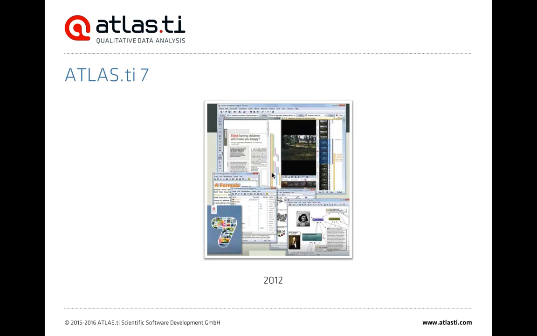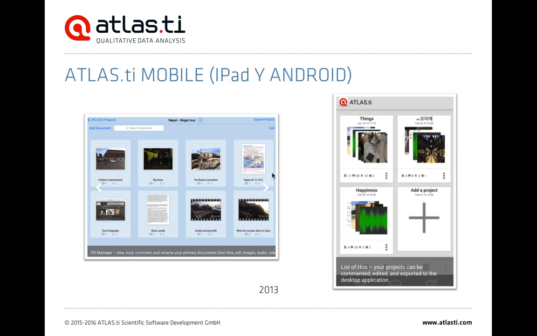After that, the developers of ATLAS.ti worked very hard to make it possible to have ATLAS.ti on our iPad or Android, and it happened in 2013. So those who today have an iPad or Android can download the full version of ATLAS.ti totally for free. It's extremely useful. Why?